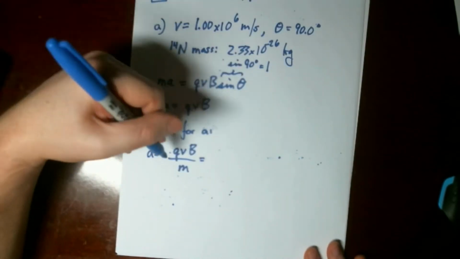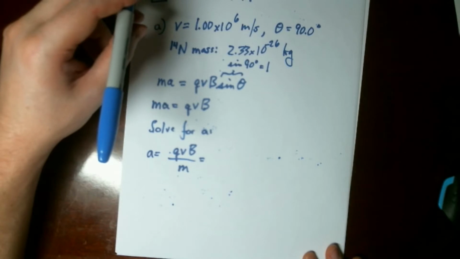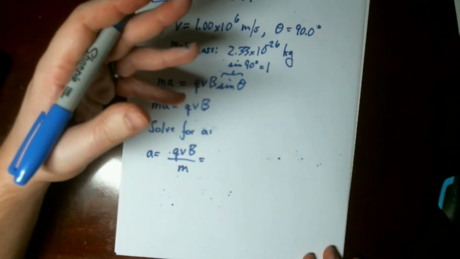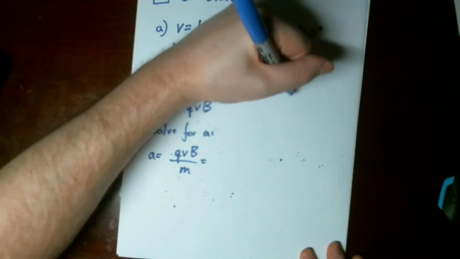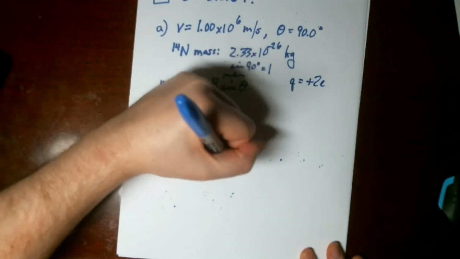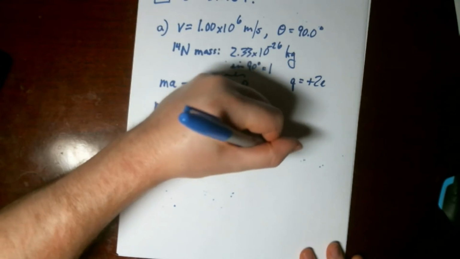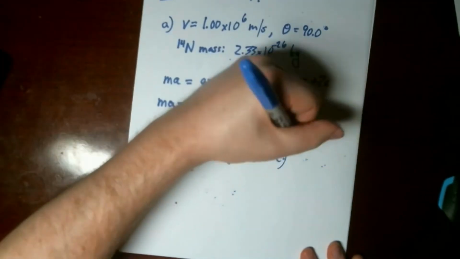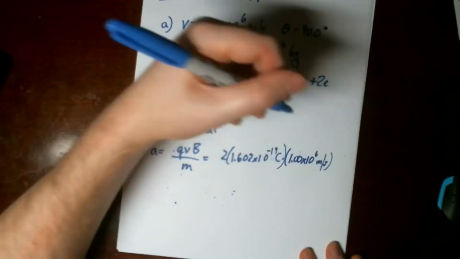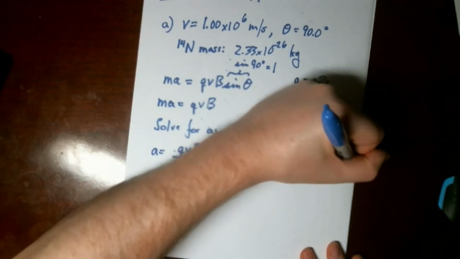So let's plug in our numbers here. We've got Q, the charge on a doubly ionized nitrogen atom. So it's lost two electrons. So it has a positive 2e charge. Forgot to write that down before. So let's write that in there. 2 times 1.602 times 10 to the negative 19 coulombs. We know our velocity, which is 1,000,000 meters per second. We know our magnetic field, which is 0.250 teslas.